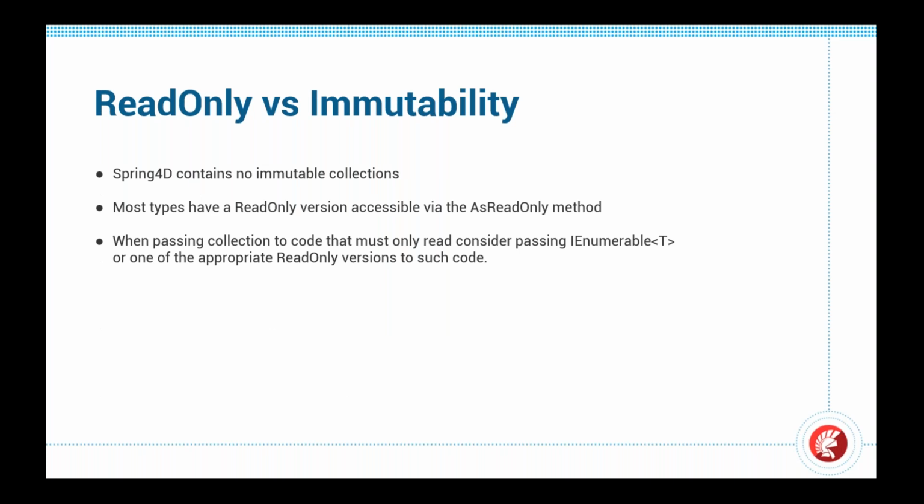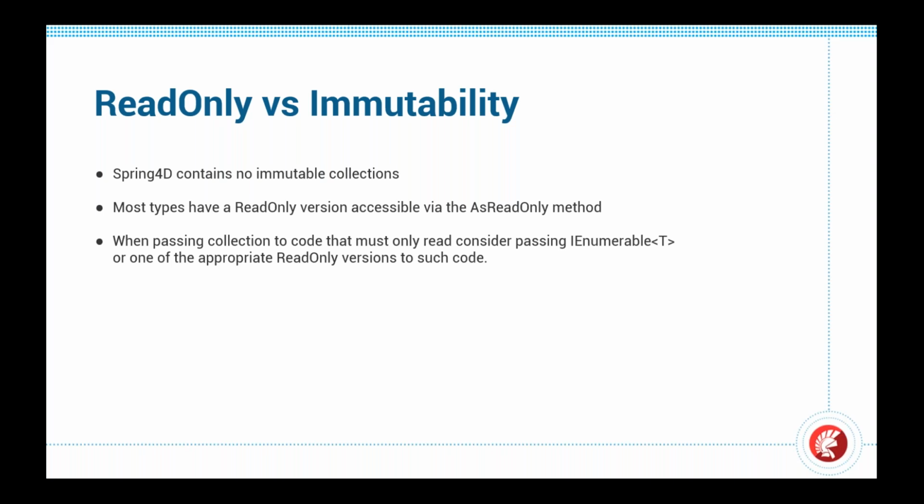As you saw, you have the normal list or the normal collection, and you have a read-only list and a read-only collection. There are no immutable collections in Spring4D where it would create copies if you add to the collection. There are classic collections and lists where every time you add or remove items, the state of the list is changed. But sometimes you might want to have only read access to something.